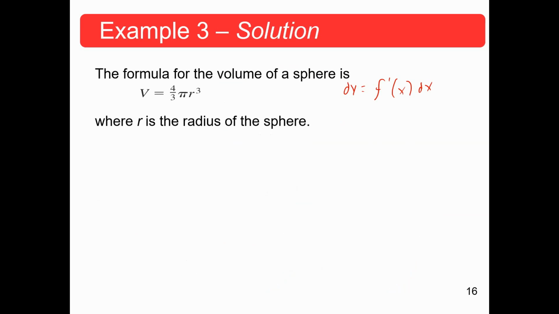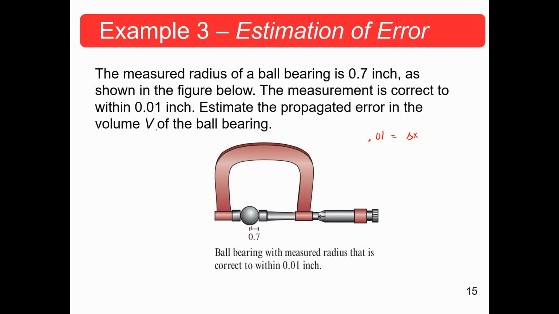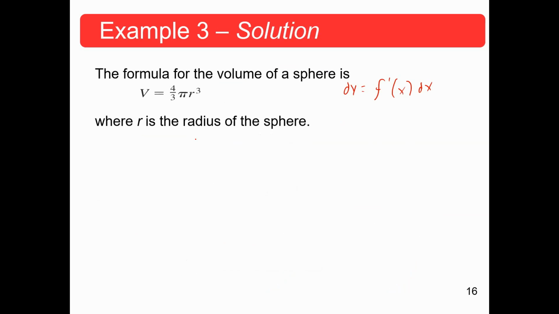In this case, we're talking about the error in volume, so we're really talking about dv, right? We take the derivative, and we say that dv equals 3 out front, they cancel, and we'll have 4 pi r squared dr, because this is with respect to the radius r.